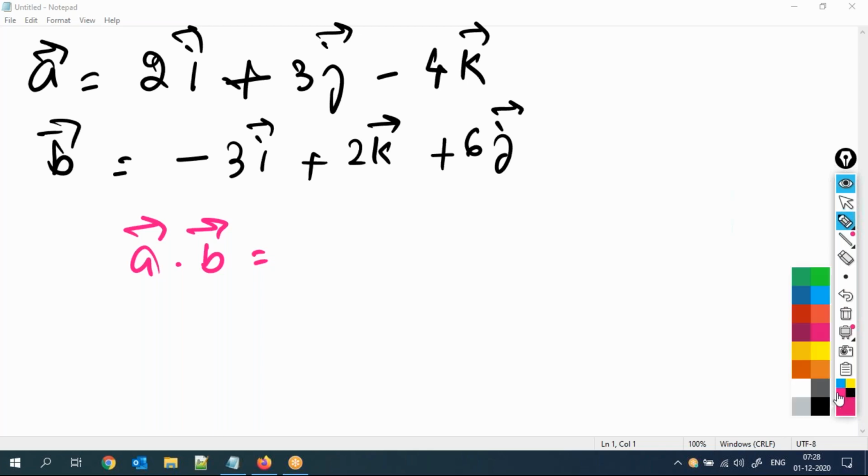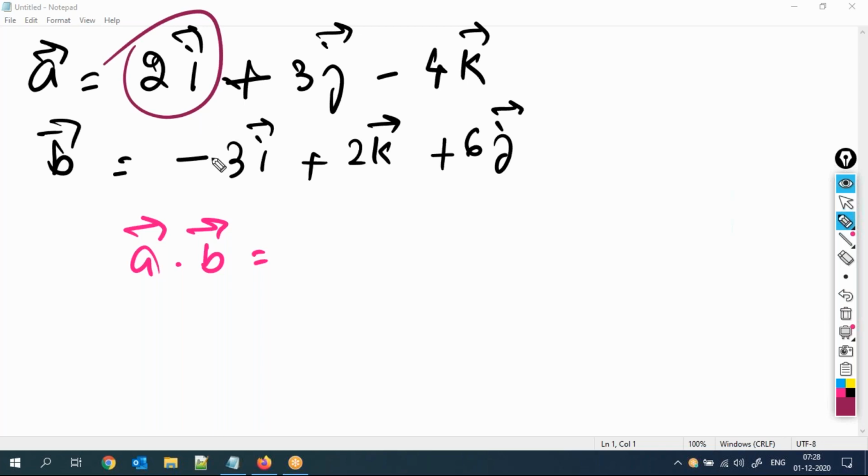First time I see this team is not able to follow properly. We are multiplying with this, all the members. Minus 6 i dot i, right? Remember, i dot i is 1.